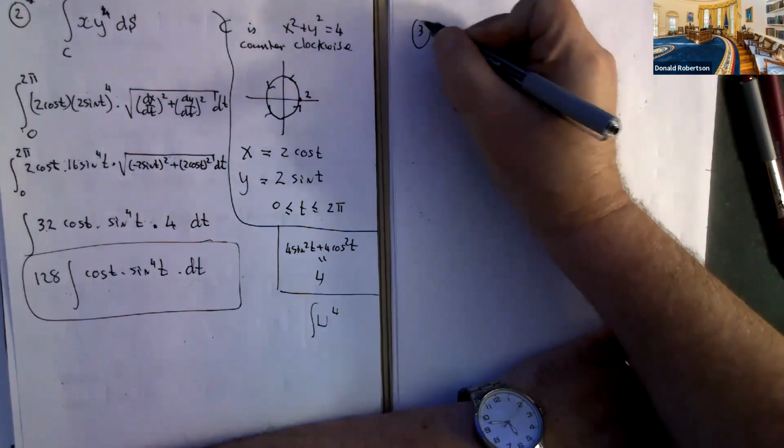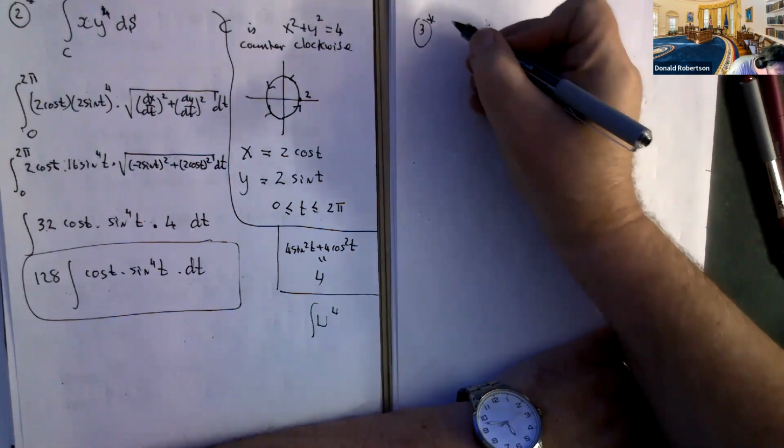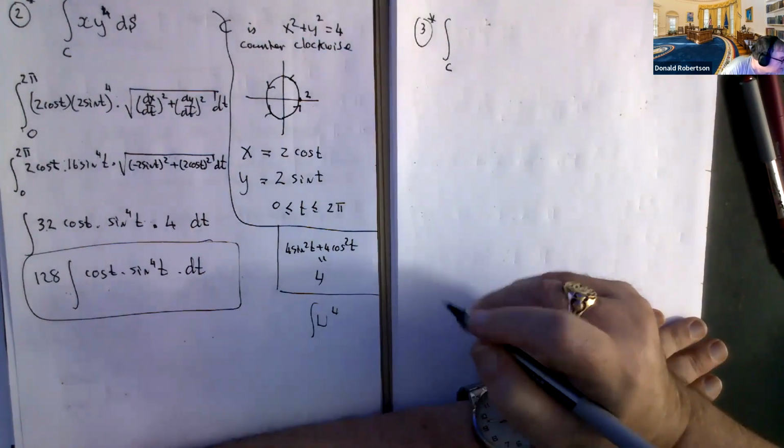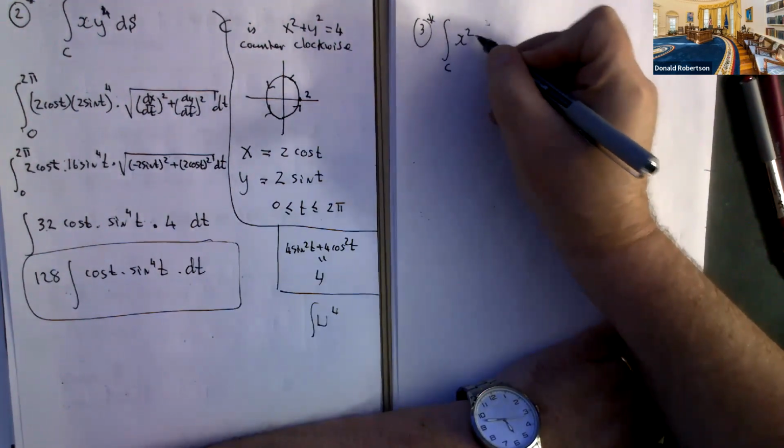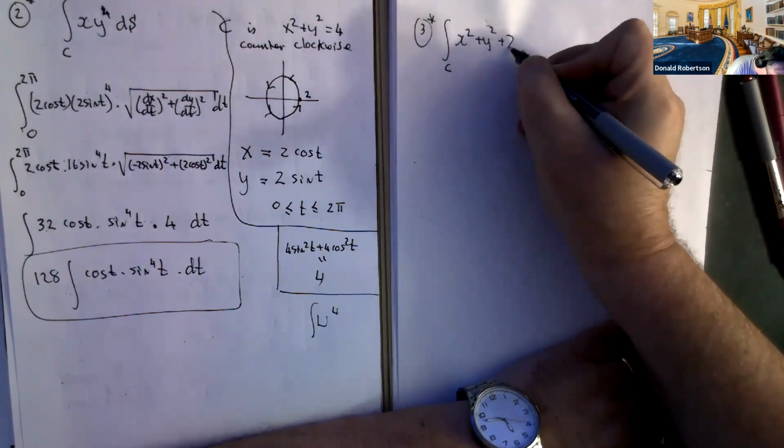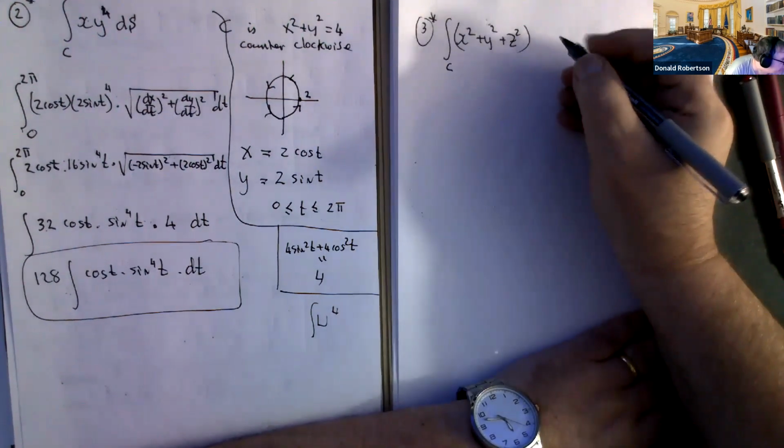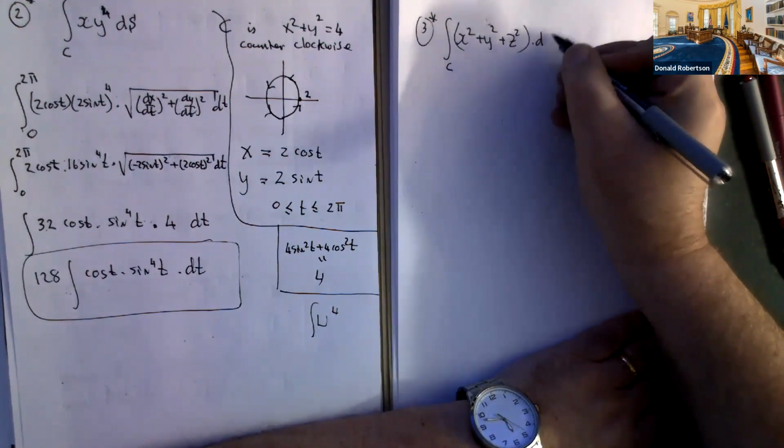This is my version of question 3. A line integral over a curve: the integral of x squared plus y squared plus z squared ds.